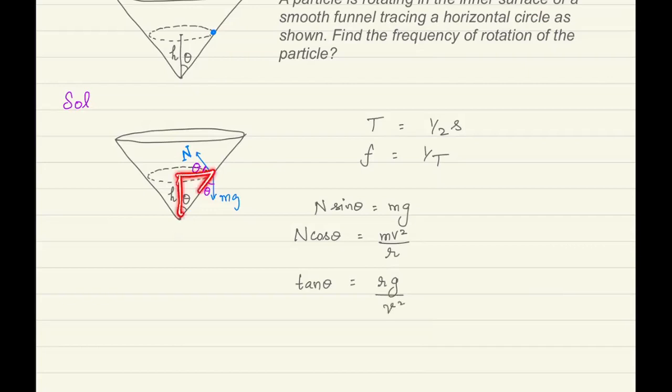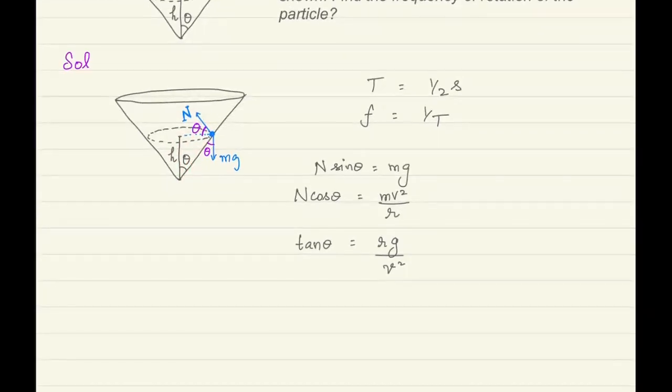And look at this right angle triangle in the laser diagram which I'm showing. Tan theta will be equal to, in that right angle triangle, the opposite side, which is the radius, by the adjacent side, which is the height. So tan theta I can write as r by h, and note that interestingly r and r will get cancelled out, and we'll get a very interesting result here.